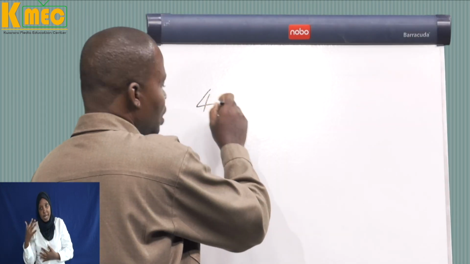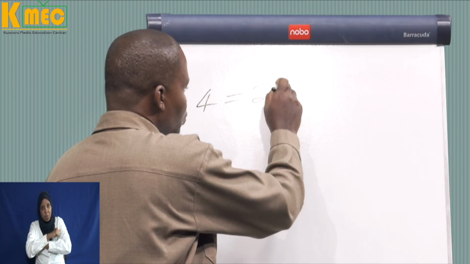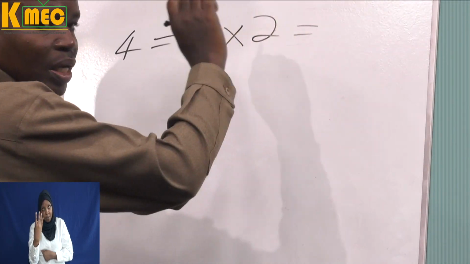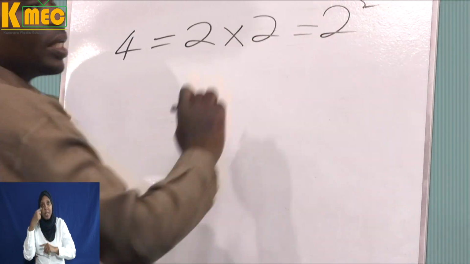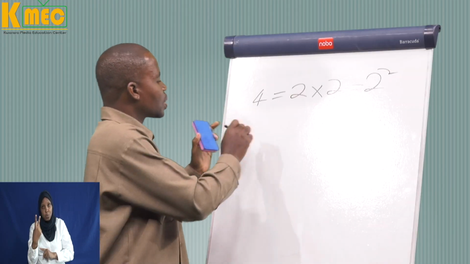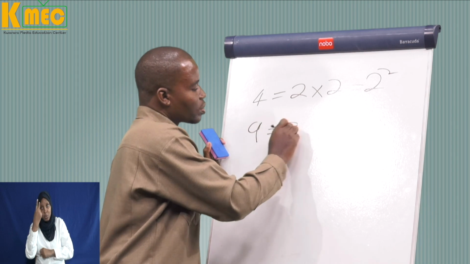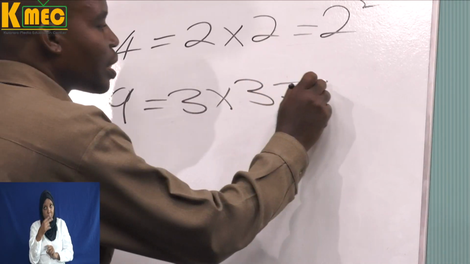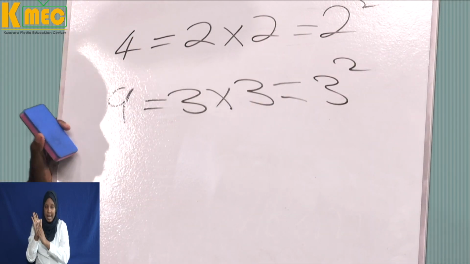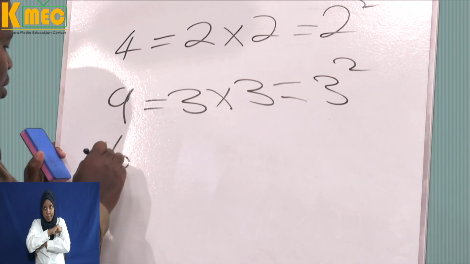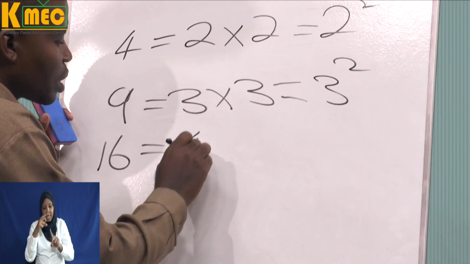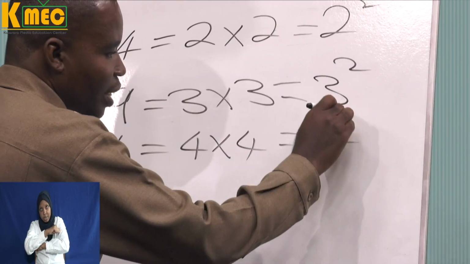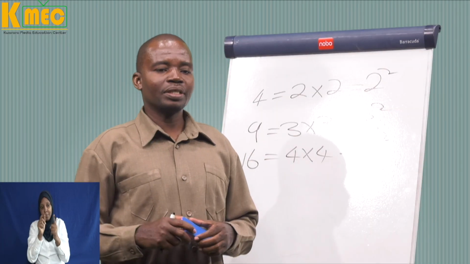Number 4 is equal to 2 times 2, which is equal to 2 squared. Number 9 is equal to 3 times 3, which is equal to 3 squared. And 16 is equal to 4 times 4, which is equal to 4 squared. Very good, my dear pupil.